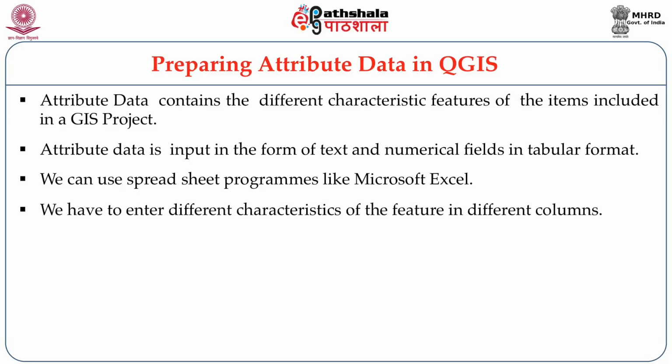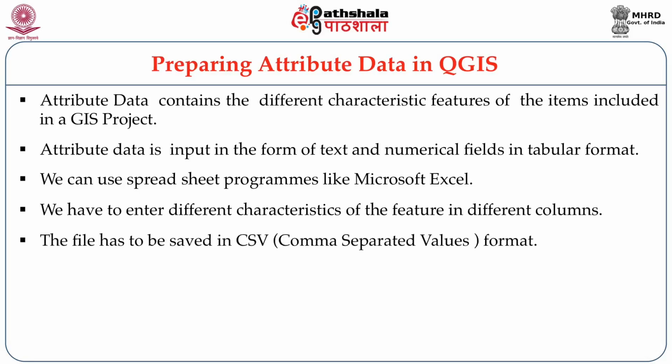We have to enter different characteristics of the features in different columns. After entering the data, the file has to be saved in CSV, a format known as comma separated values.